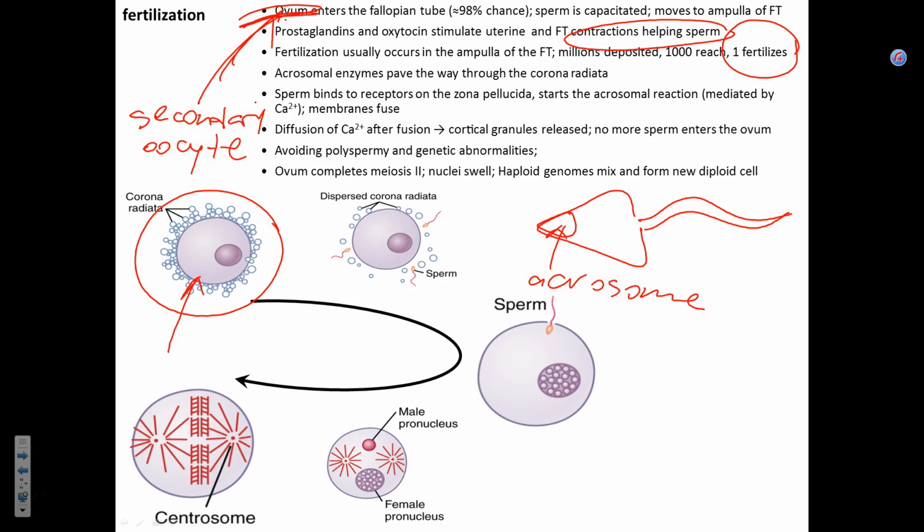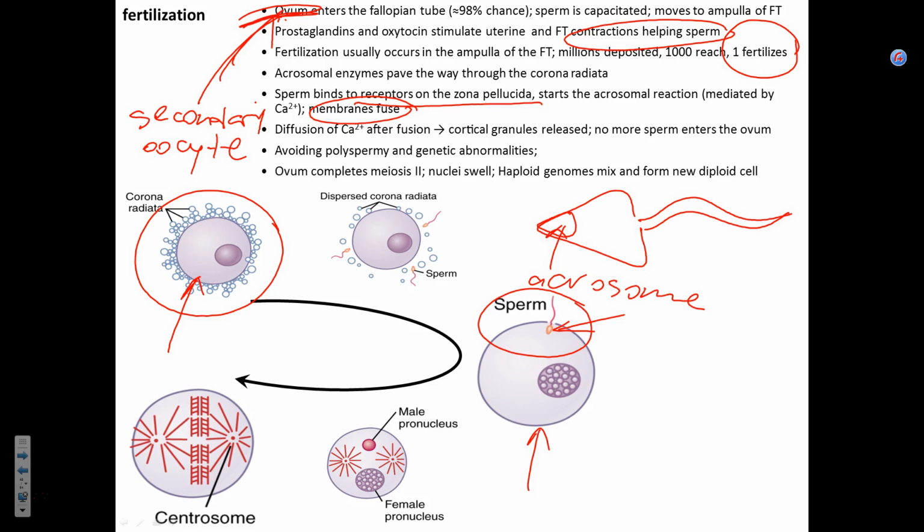When corona radiata is dissolved, sperm cells can penetrate the membrane of the oocyte. So sperm binds to special receptors on the layer that surrounds the oocyte, the so-called zona pellucida. Okay, and that binding initiates the fusion of the membranes of the sperm cell and secondary oocyte.